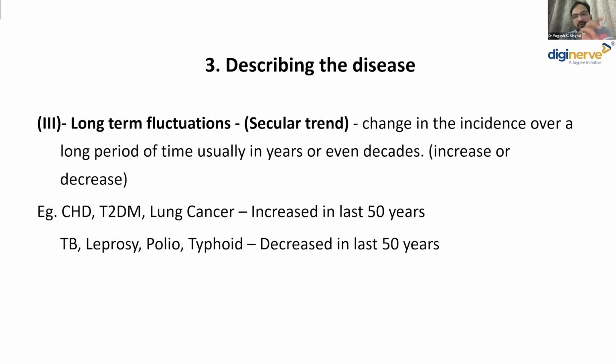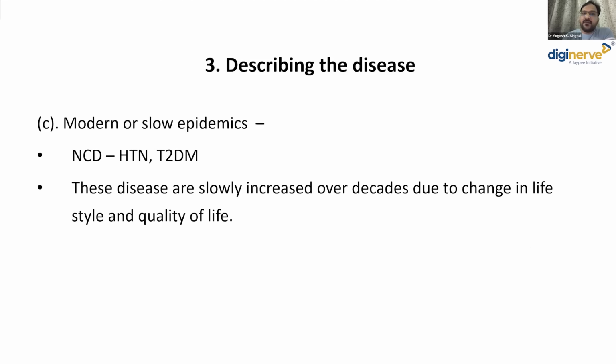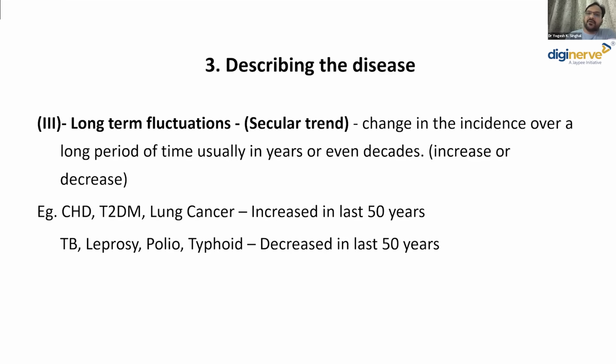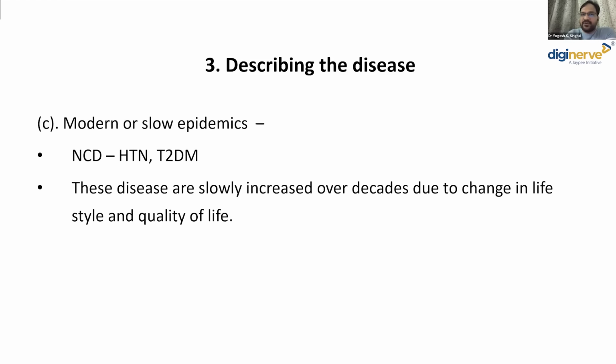It is almost similar to what we have studied as modern or slow epidemic, but both things are almost similar because you see the cases of coronary heart disease, diabetes or lung cancer have increased in the last 50 years, and the cases of communicable disease have decreased in the last 50 years. So this thing is different from the modern slow epidemic.